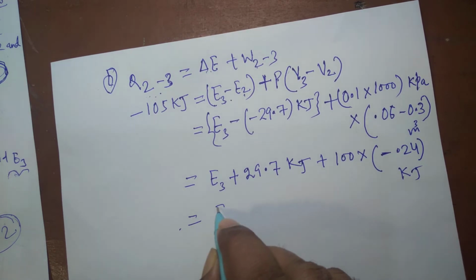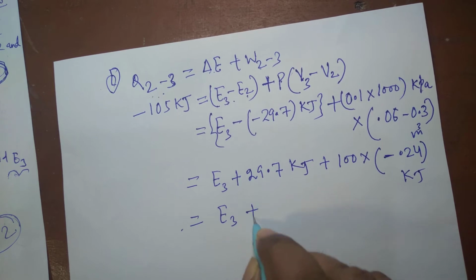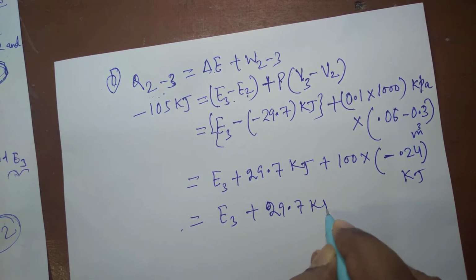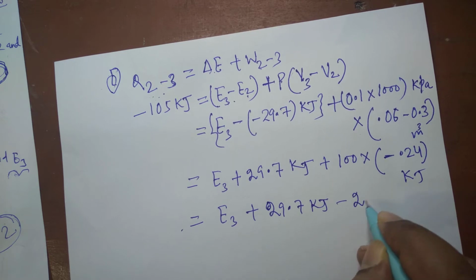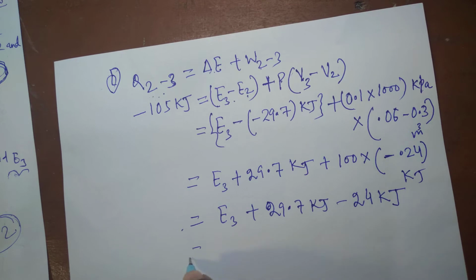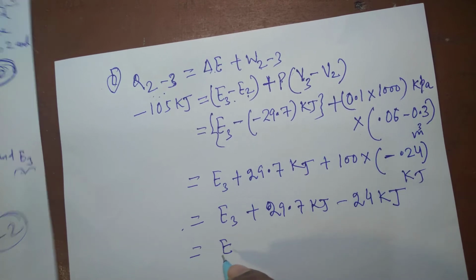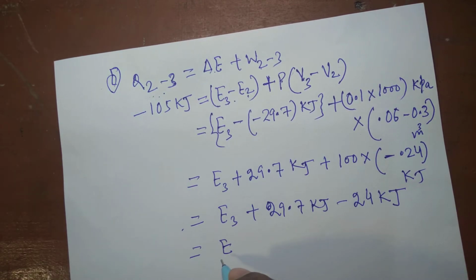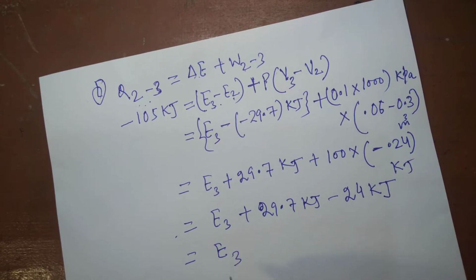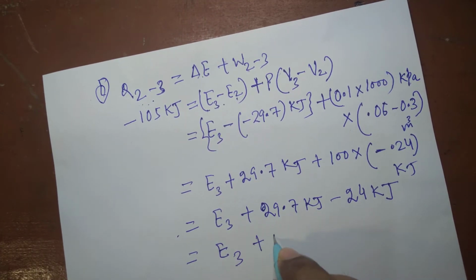This is equal to E3 plus 29.7 kilojoule minus 24 kilojoule, which is E3 plus 5.7 kilojoule.